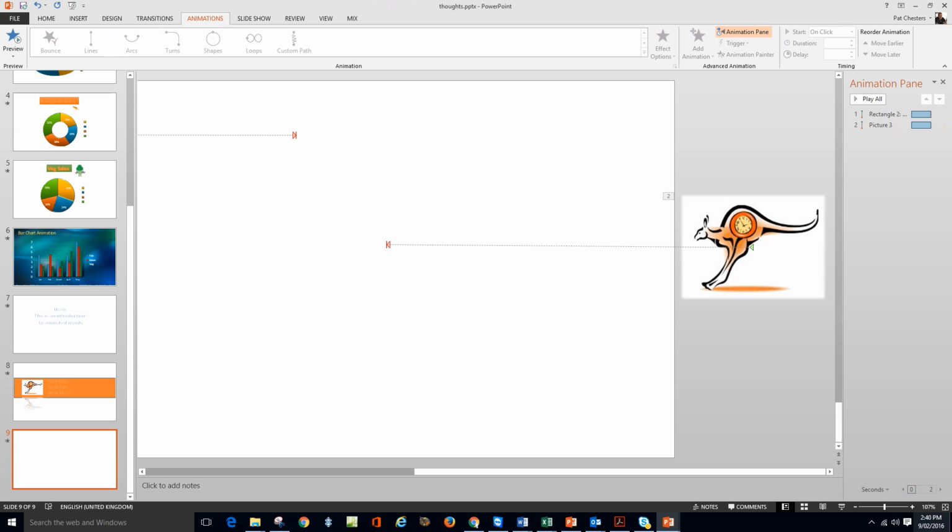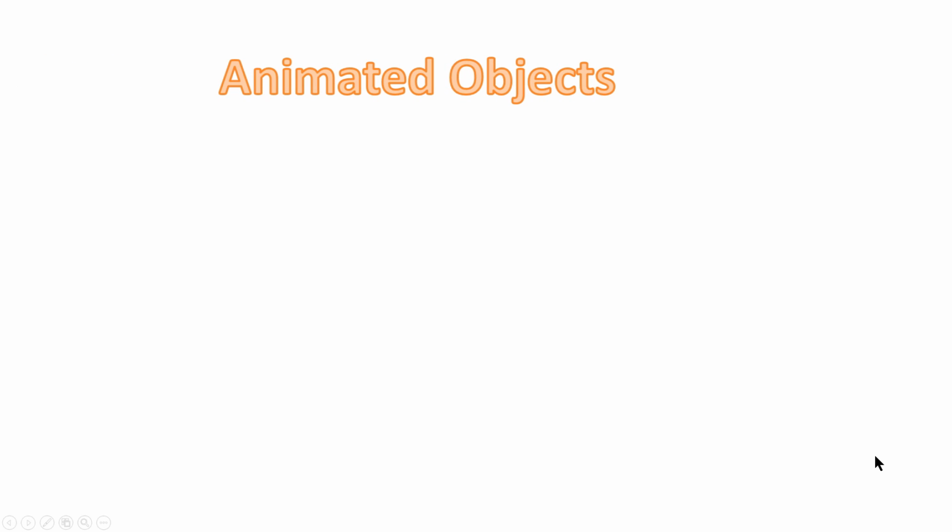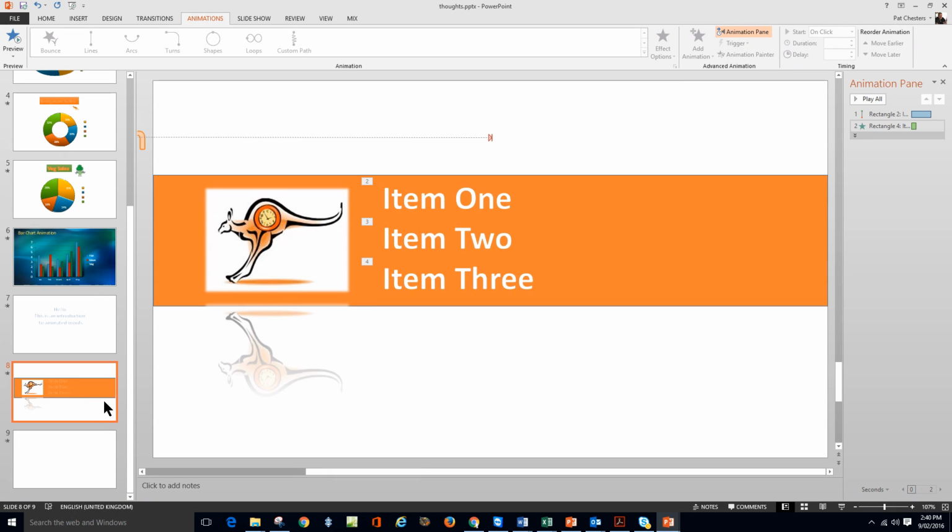So let's see what happens when we run that one. In comes the title, animated objects, waits for the click. In comes the kangaroo graphic. So that's those two run together.